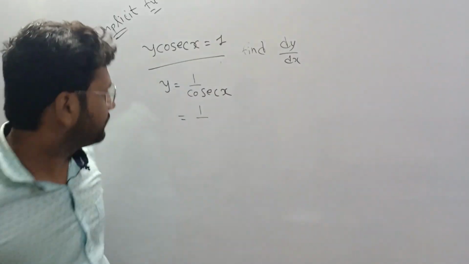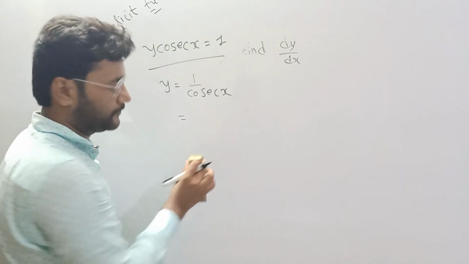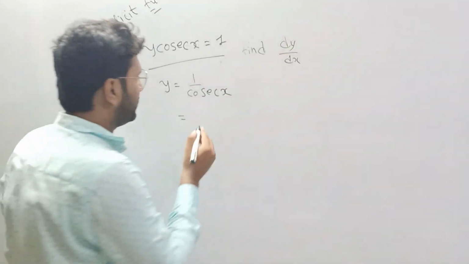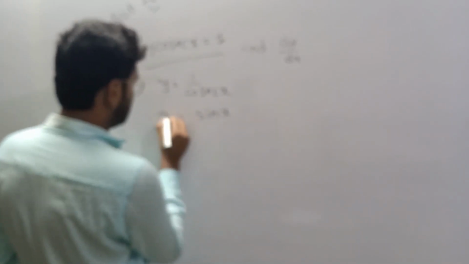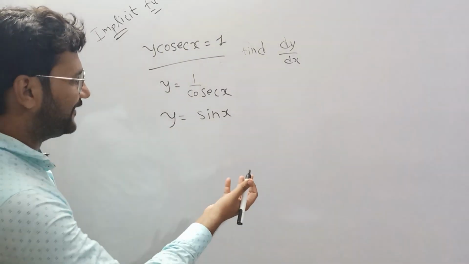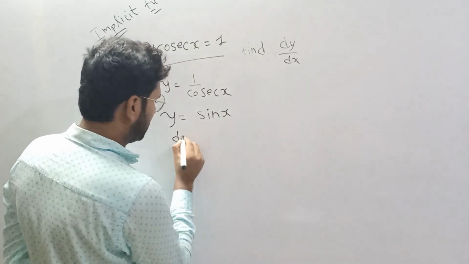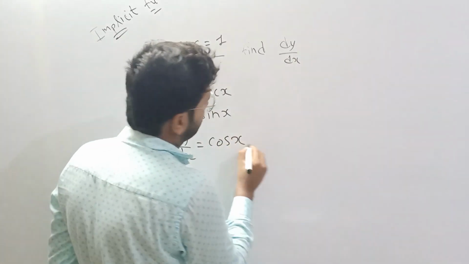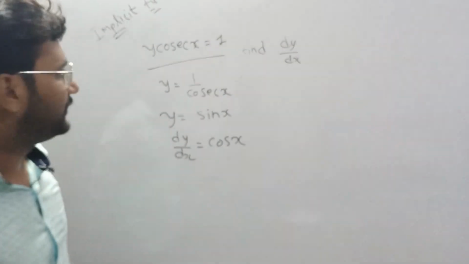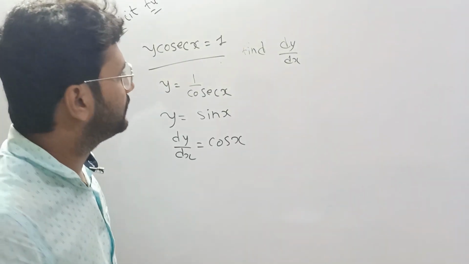So y is equal to sin x, and you all know the derivative of sin x, which is dy by dx is equal to cos x. So this was one example of implicit function.